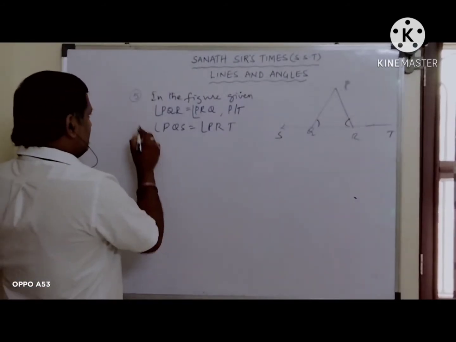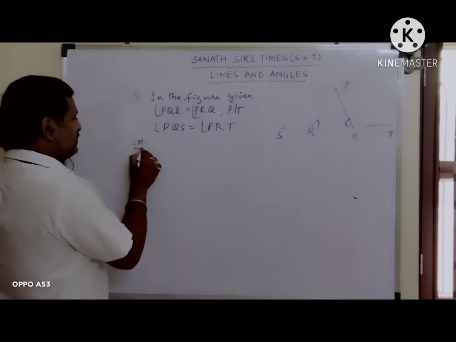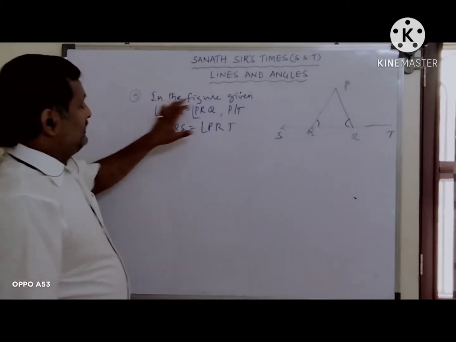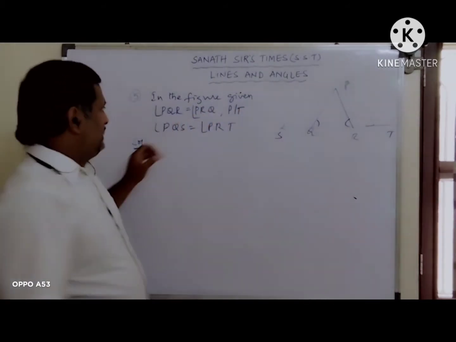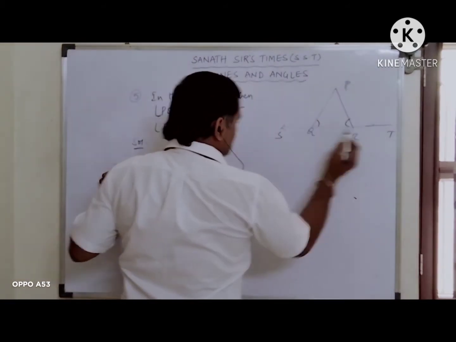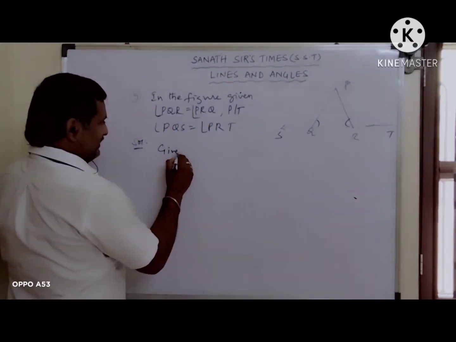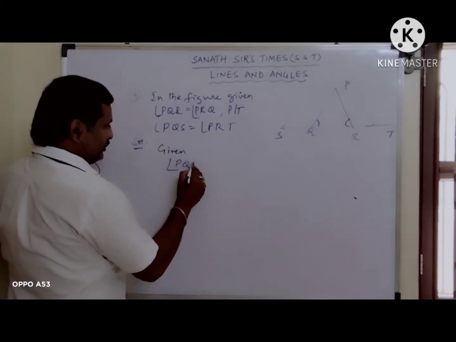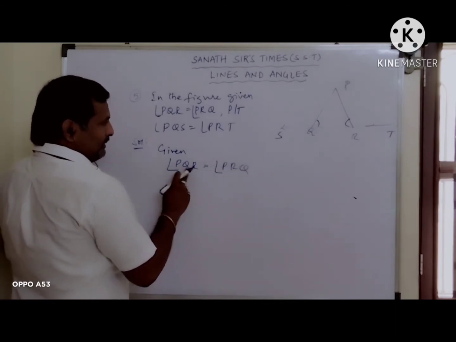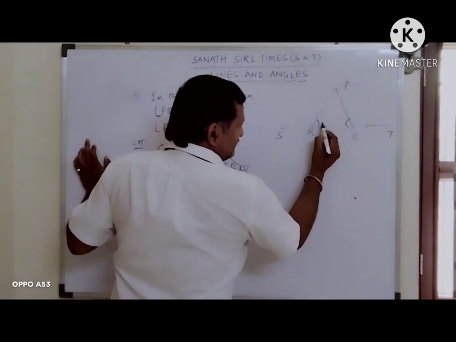Now question number 5 of your textbook. Here in the figure given, PQR, angle PQR is equal to angle PRQ. Angle PQR, this is angle PQR, let it be x.